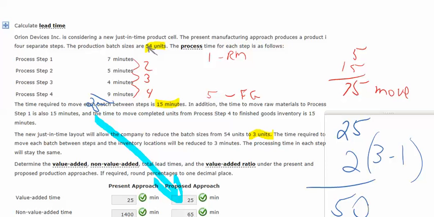The new JIT will allow the company to reduce the batch size from 54 to 3. The time required to move each batch between the steps and the inventory locations will be reduced to 3 minutes. So instead of having 5 moves at 15 minutes, I'm going to change that to 5 at 3 minutes, or 15 minutes.